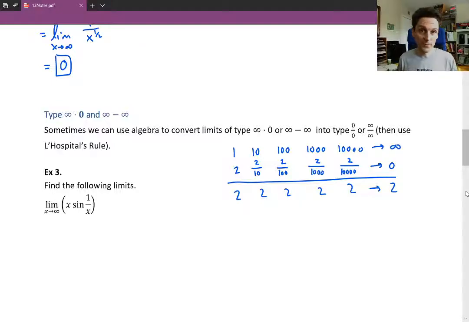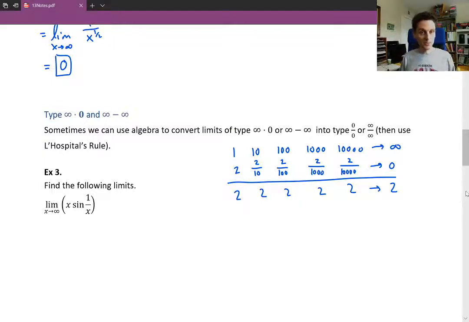Maybe one of them is approaching infinity faster than the other one is approaching 0, in which case maybe they multiply to numbers that blow up to infinity. Or maybe the numbers approaching infinity are approaching infinity slower than the numbers are approaching 0, in which case maybe the product of these numbers approaches 0. You really just don't know. It's indeterminate. Infinity times 0 is an unknown limit.